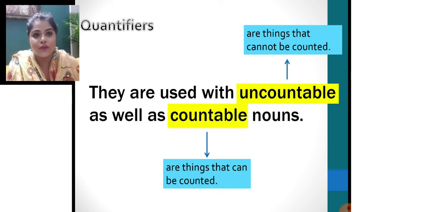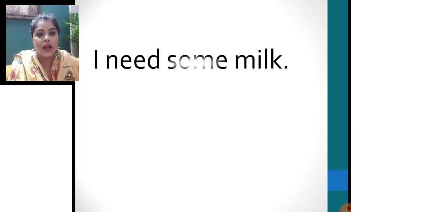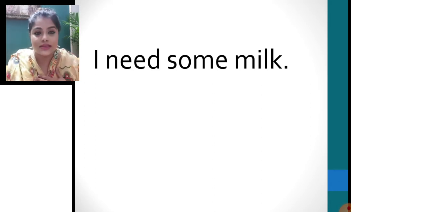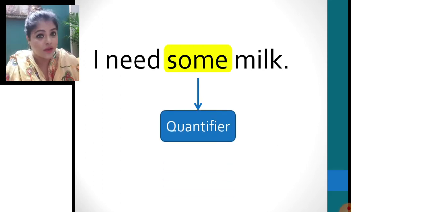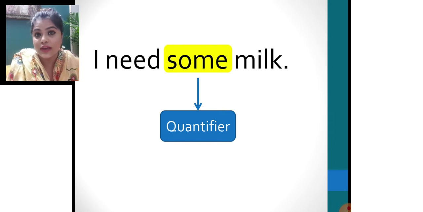Now let's see a few examples of quantifiers. I need some milk. In this sentence, some, S-O-M-E, is a quantifier. Why? Because it is talking about the quantity of the noun.